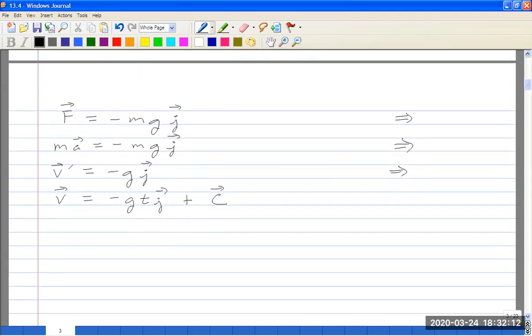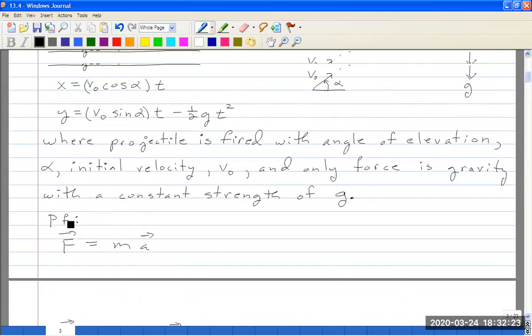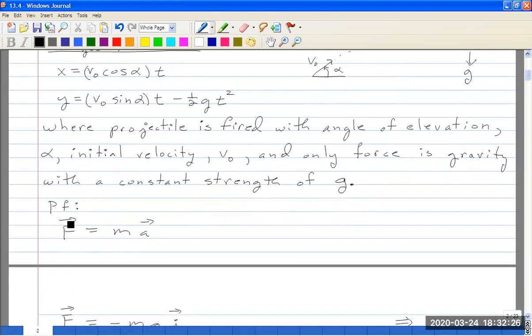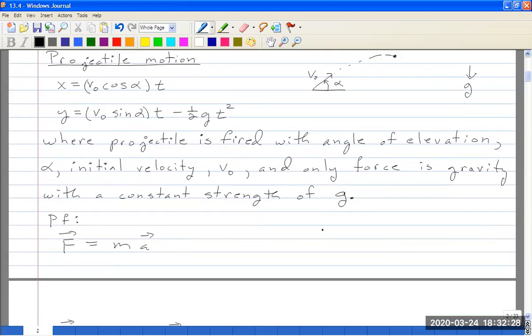Well, I know that initially my velocity is v0. So that's initial. And so this is going to be v0 cosine alpha, v0 sine alpha.